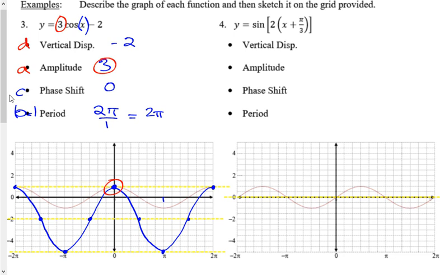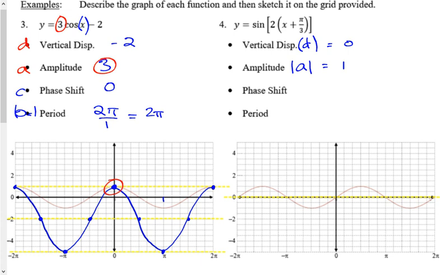Vertical displacement. So that's my d value, 0. So where my center line is on the x-axis, it's still there for my transformation. Amplitude, my a value, 1. So there's no change in my amplitude.